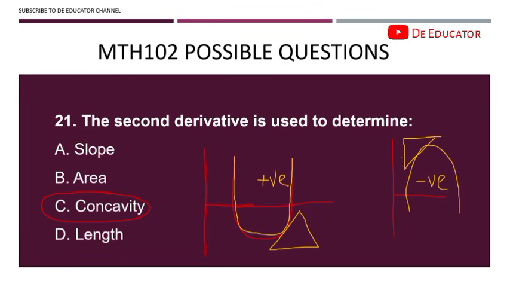If you have a face, it is either smiling or frowning. Now, if you are smiling, it means positive. If you are frowning, it means negative, right? But you should also remember that smiling is minimum and frowning is maximum. This is what you should know about this question, okay?